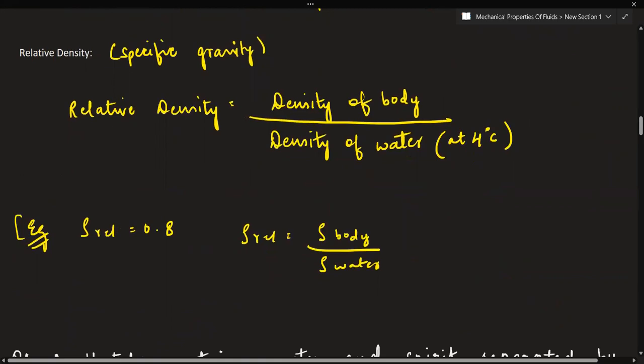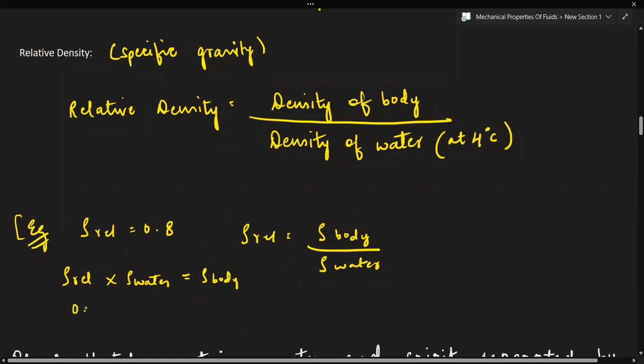For example, the relative density of a substance is given to you as 0.8. Now you have to calculate the density of the body. Relative density is given to you and the question is asking you the density of body. Simply you can multiply the relative density with the density of water. That would give you the density of the body.